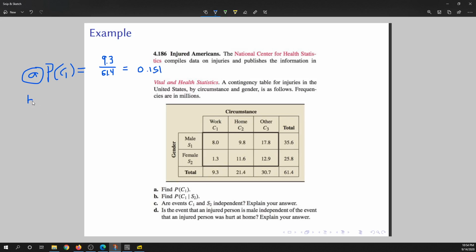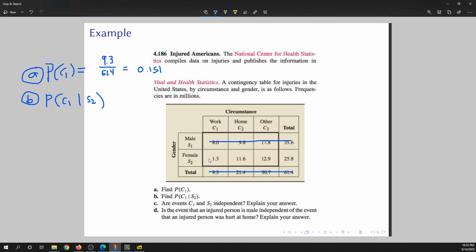In part B, they want to know what is the probability of C1 given S2. So what is the probability that the injury occurred at the workplace given that the person is a female? We would basically cross these numbers out and just be looking at the numbers for females.